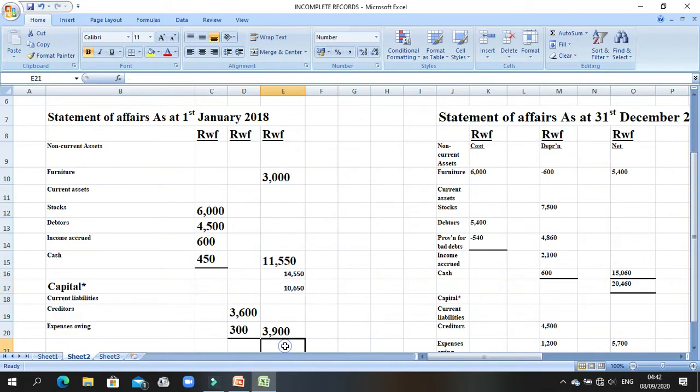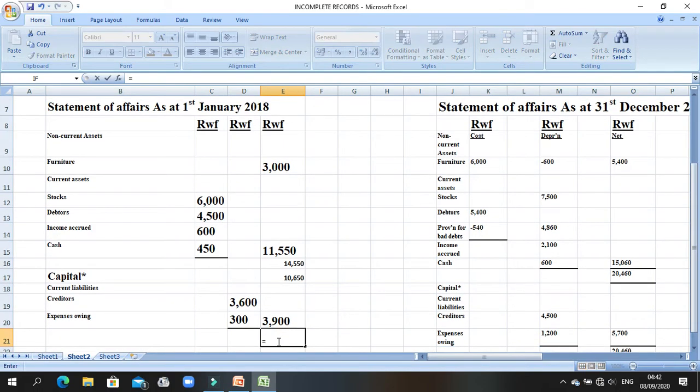We take this current liability and also capital to make a total to get the solution about the liability.